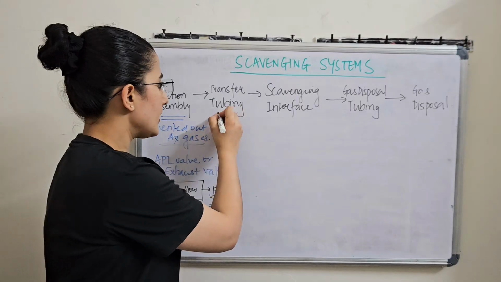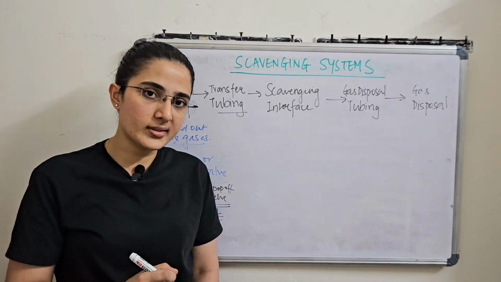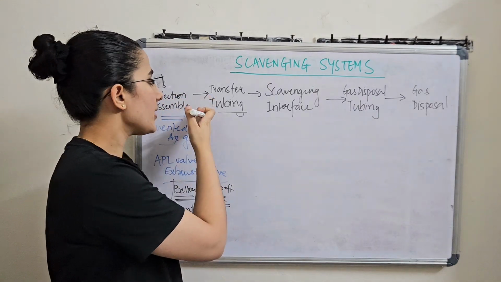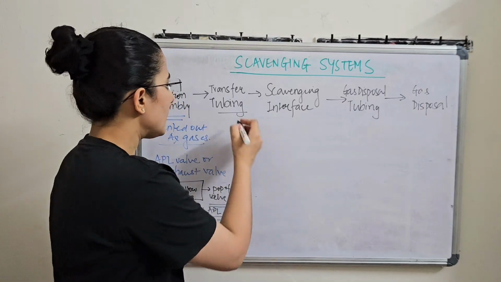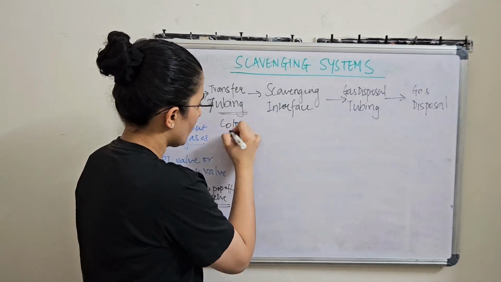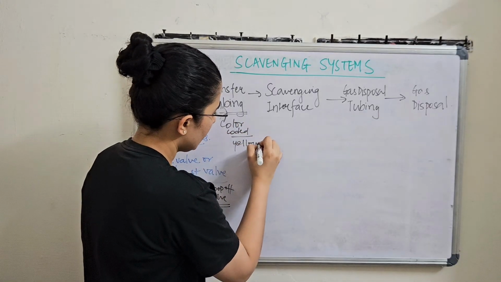Next we come to the transfer tubings. Transfer tubings are basically the rigid hoses which will be transferring these vented out gases from the gas collection assembly to the scavenging interface. These transfer tubings are basically color coded, yellow in color.